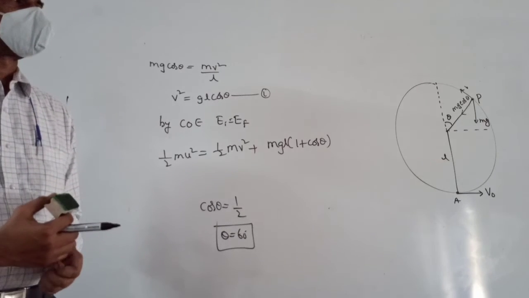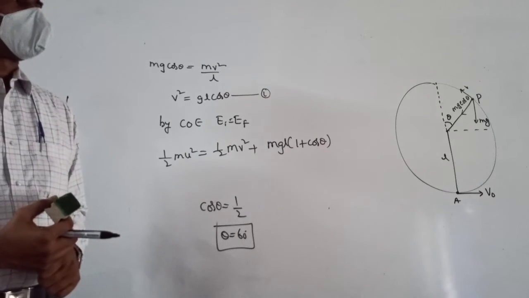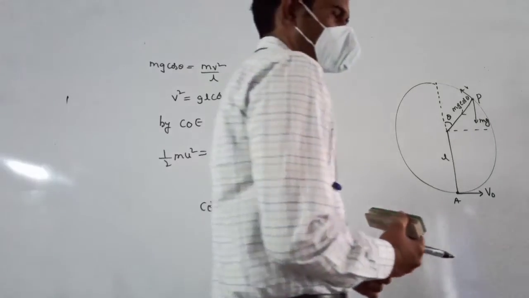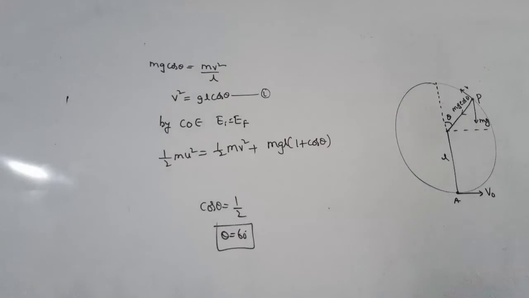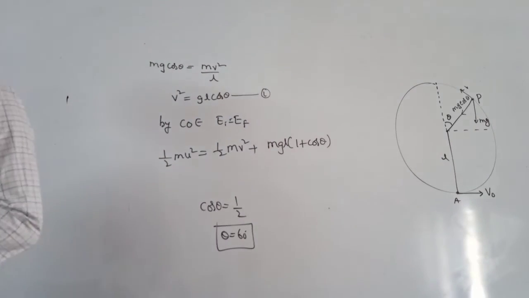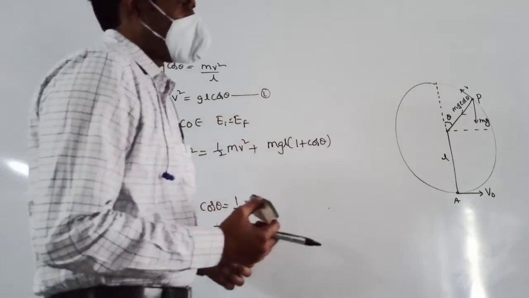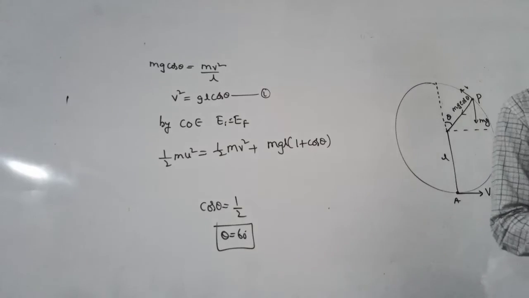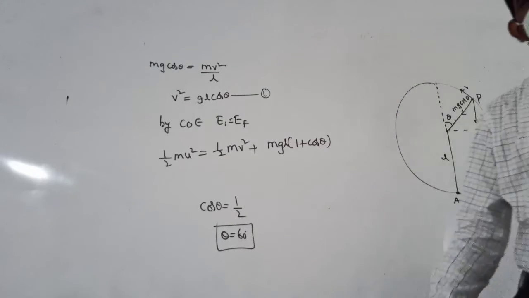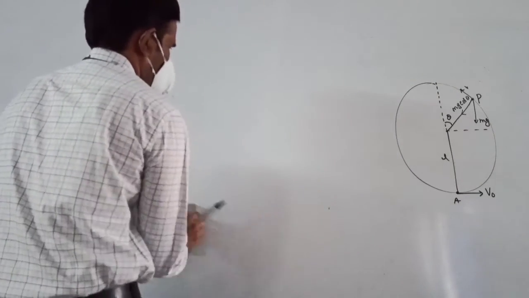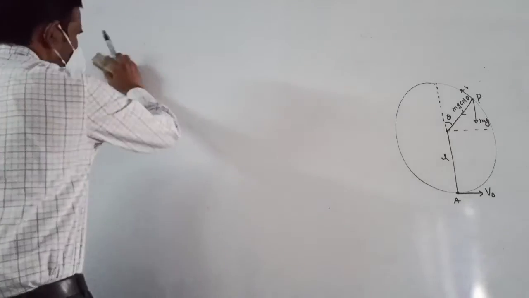After leaving the circular path at some point, if the bob passes through the point of suspension, then find the initial velocity v naught value. L is the length of the string.